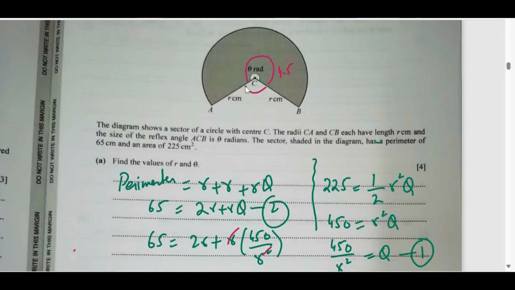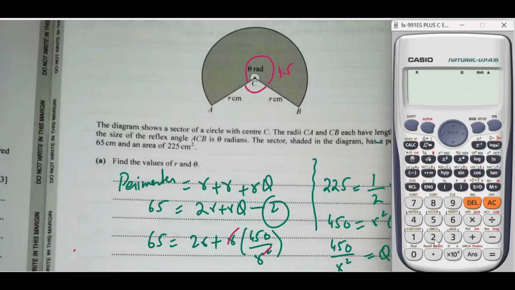Now this angle will be 2 pi minus 4.5. So let's see that 2 pi minus 4.5. So this will be equal to 1.783. So this angle is 1.783.